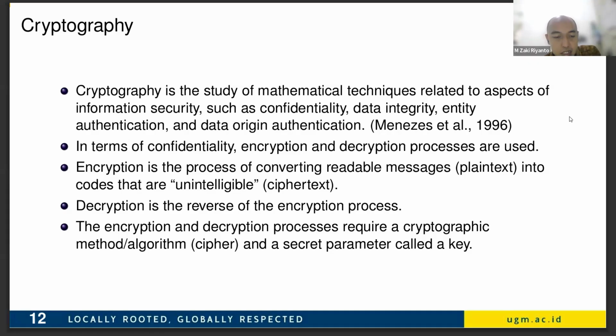And what is decryption? Decryption is the reverse of encryption, to convert the ciphertext into the original message or plain text. The encryption and decryption processes use some method or algorithm, which we call a cipher, and a secret parameter that we call a key, or secret key, or private key.